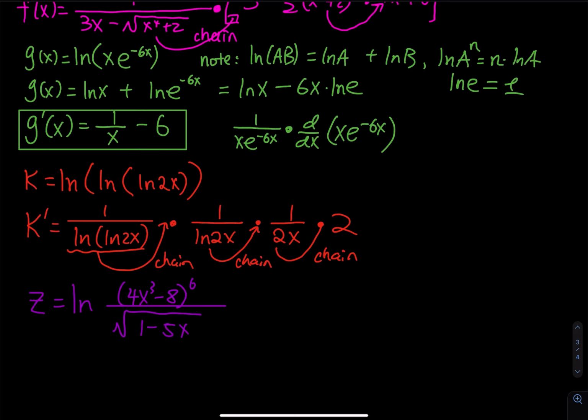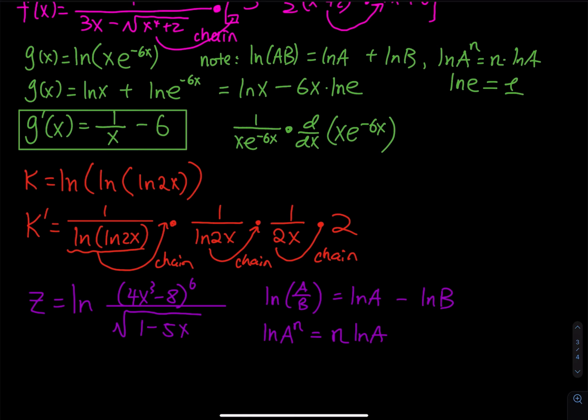But let me tell you this: when you see this situation, think about the properties of ln. The first thing to think about is ln of a divided by b. You studied this in pre-calculus and intermediate algebra. That is ln a minus ln b, right? And the next thing is ln of a raised to the nth power. You can bring the n down to the front of ln a, right?